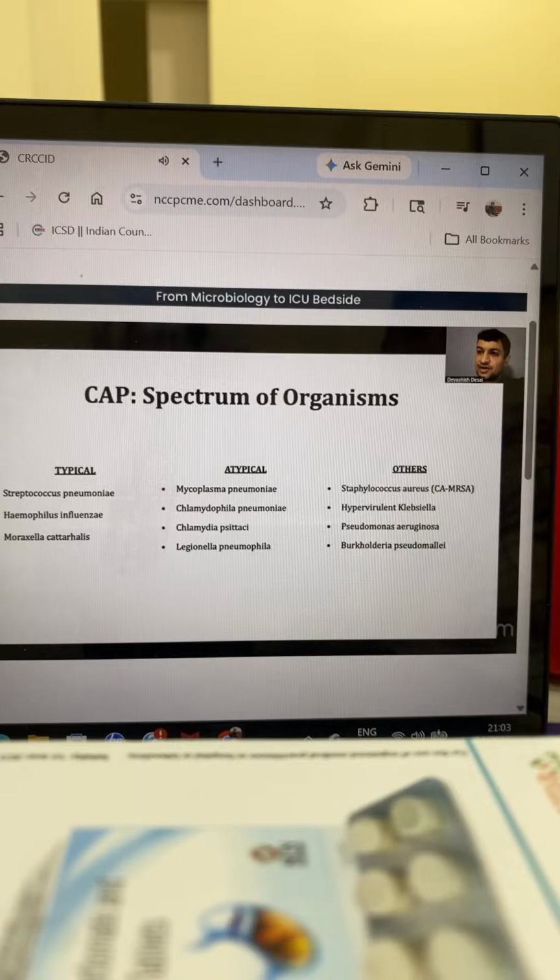Now it sounds a bit weird when you look at it, that there are two beta-lactams going simultaneously. But the reason they do this is because melioid causes up to 20% of all of the pneumonias. In that part of the world, Southeast Asia, Northern Australia, melioid is a significant chunk of all pneumonias. So they have to give ceftazidime to cover it. But ceftazidime has this unique property, unlike other third generation cephalosporins, where it just doesn't cover gram-positive cocci.